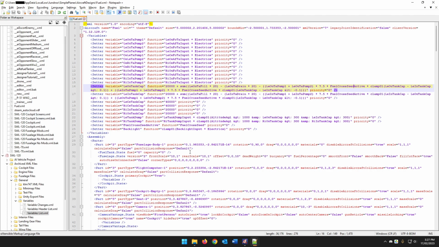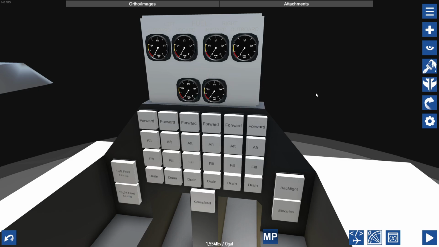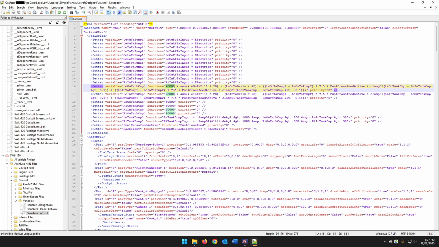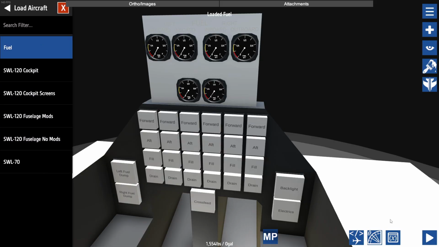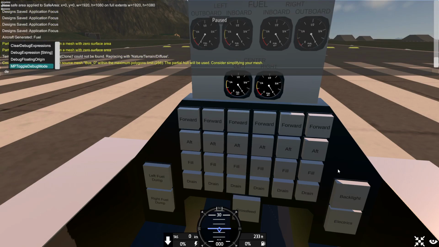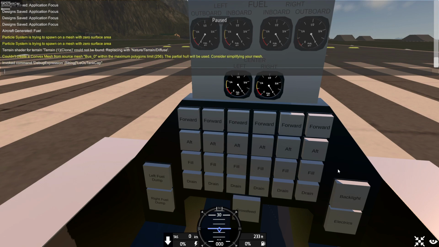I think the best way to demonstrate this is to get the original bug. So if I change this to be left outer tank capacity, and then reload the file, I'm just going to debug it so you can see it. Debug expression, left outer tank capacity.